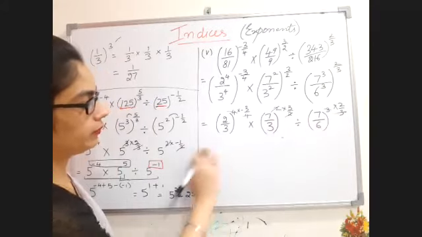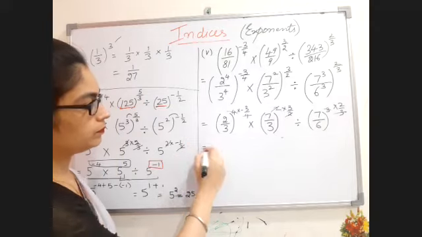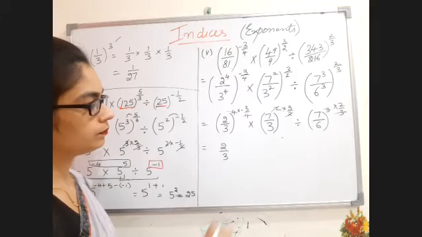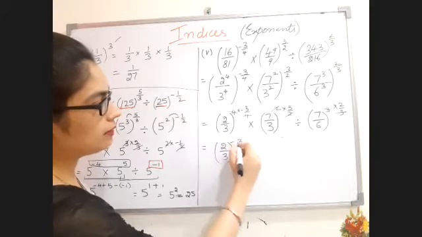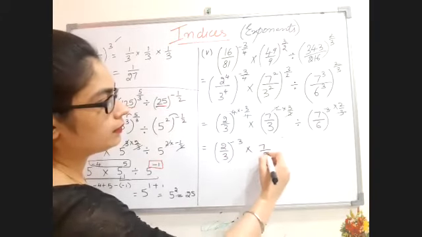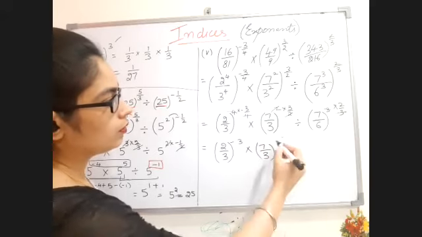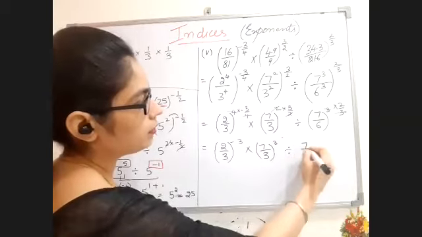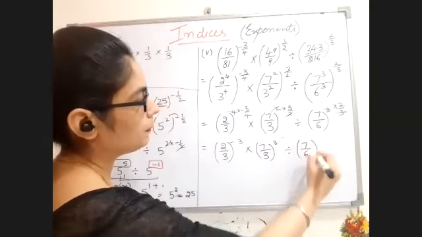So what will I be left with? 2 by 3 whole power minus 3 into 7 by 3 whole power 3, divided by 7 by 6 whole power 2.